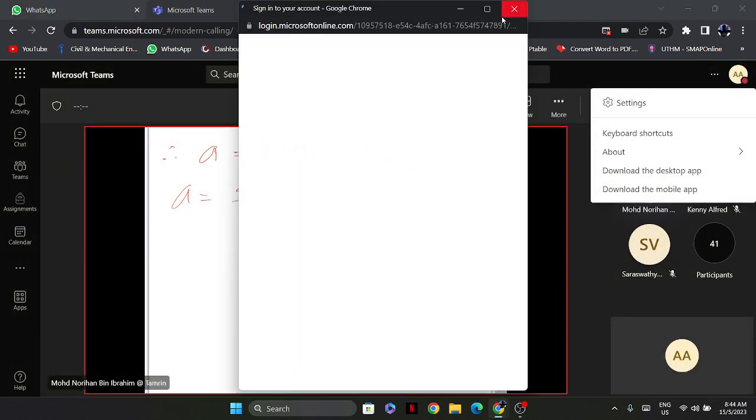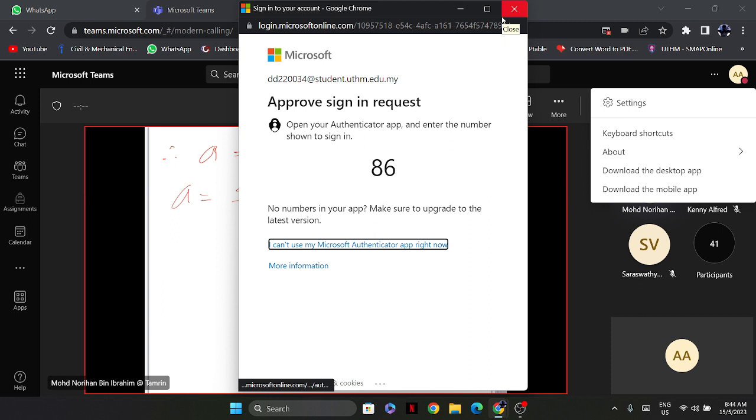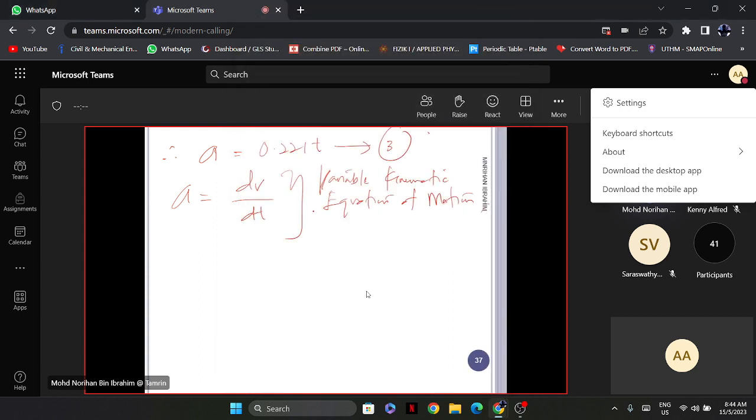It relates the acceleration a, velocity v, and also time t.